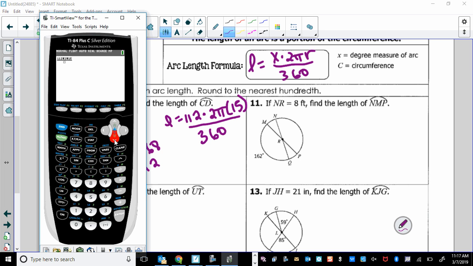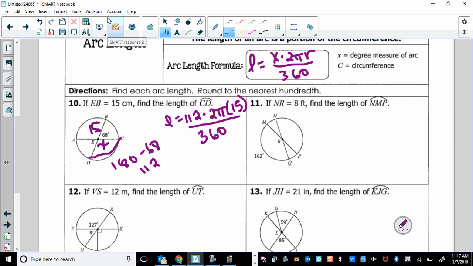So that's everything on top and over 360. That will give you the length, which is 28 divided by 3. And if you want to change it into decimal, it gives you 9.33. So the length of DC is 9.33.